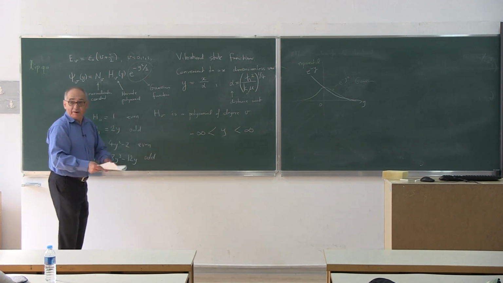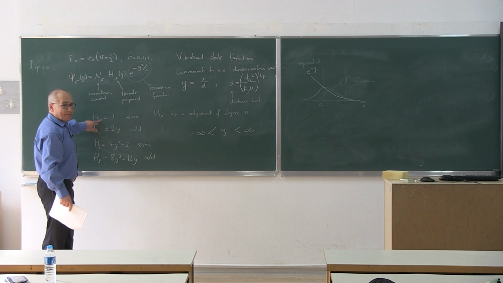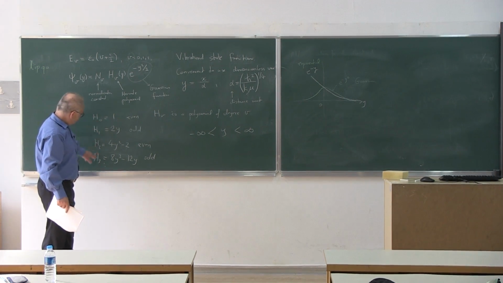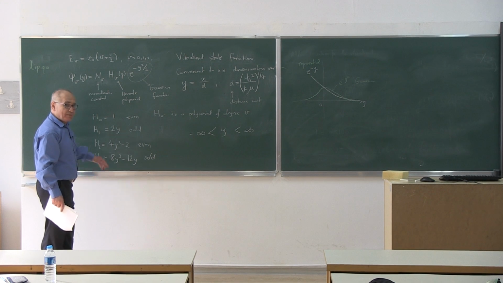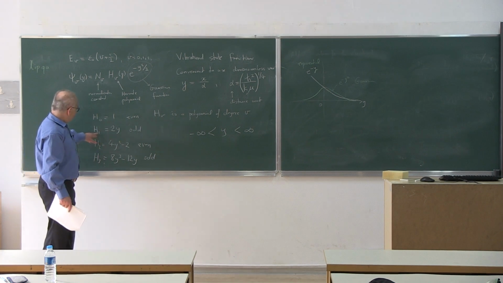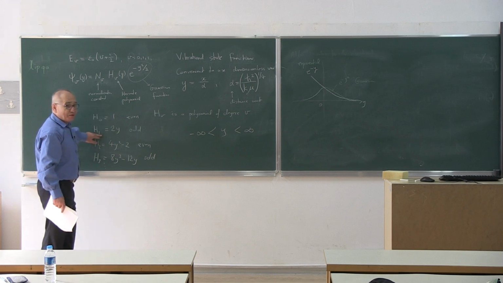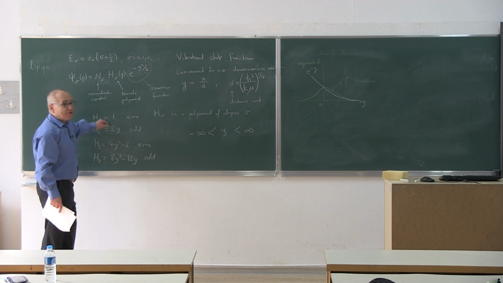So this is a general property for these Hermite polynomials. Look, if the index subscript is an even number, 0, 2, then 4, and so on, the function is even. On the other hand, if the subscript for the polynomial, 1, 3, is an odd number, the function itself is an odd function.